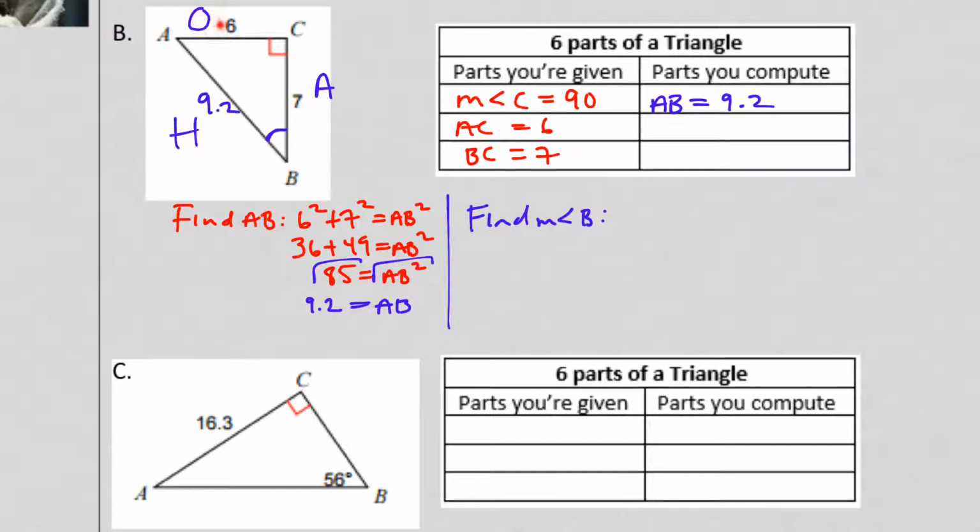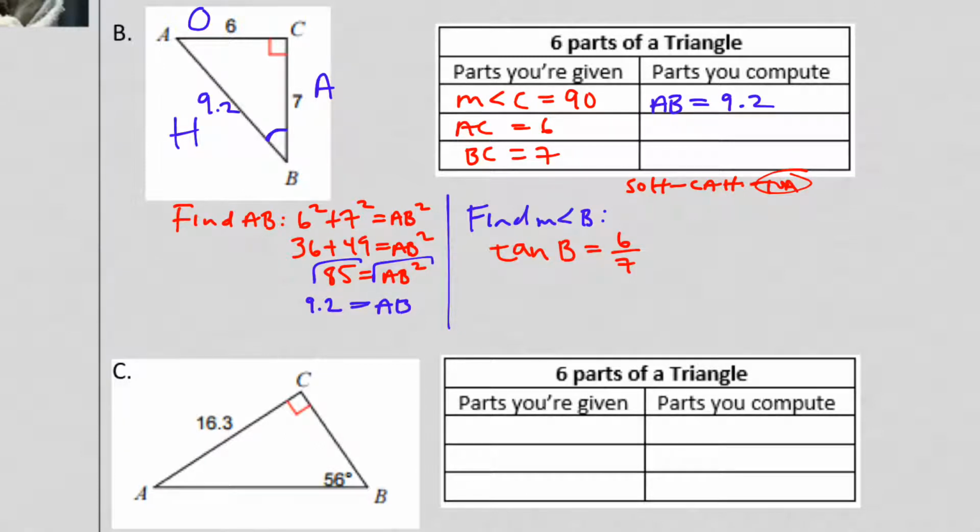So I'm going to use O and A. That OA from SOHCAHTOA is going to be tangent, TOA. So I'll use tangent of angle B, which I don't know yet, equals opposite, which is 6, over adjacent, which is 7.